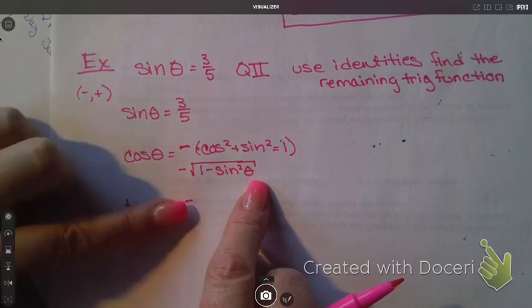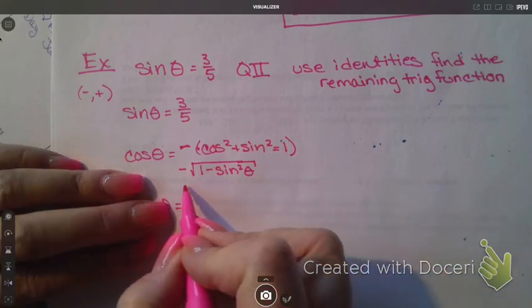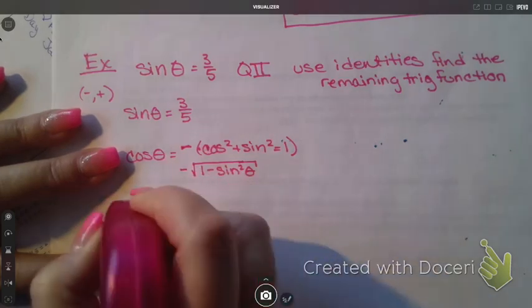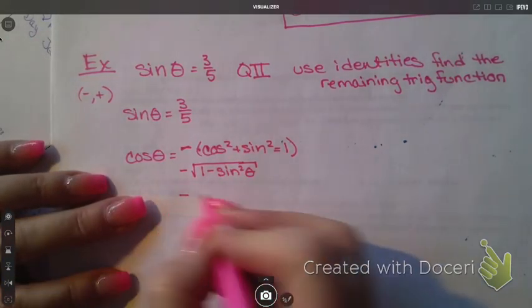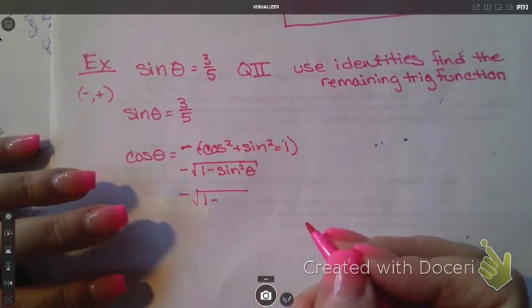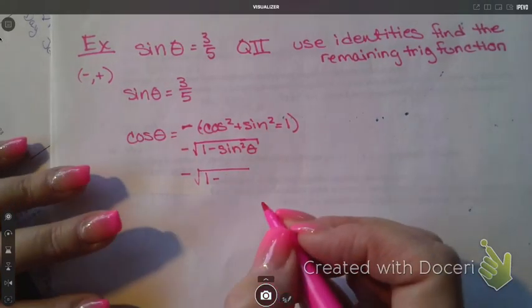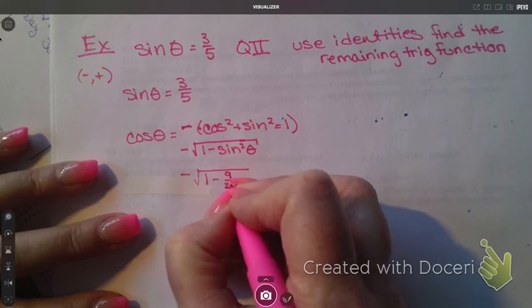I shouldn't have written tangent so close. So I have negative the square root of 1 minus, well, what was sine? 3/5. Can I just write 9/25? Okay. So 9/25.